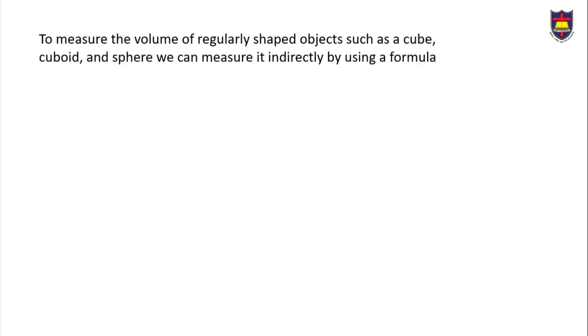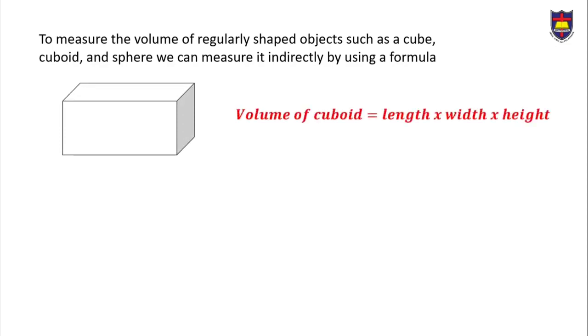Alright, now to measure the volume of regularly shaped objects such as a cube, cuboid, and sphere, we can measure it indirectly by using a formula. First, to find out the volume of a cuboid, we calculate volume of cuboid equals length times width times height.